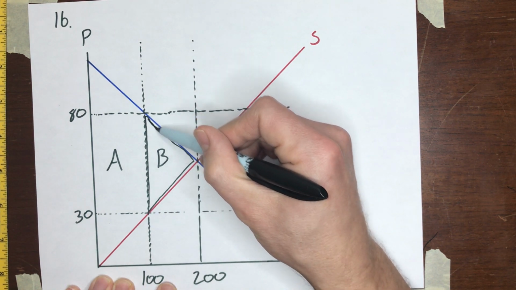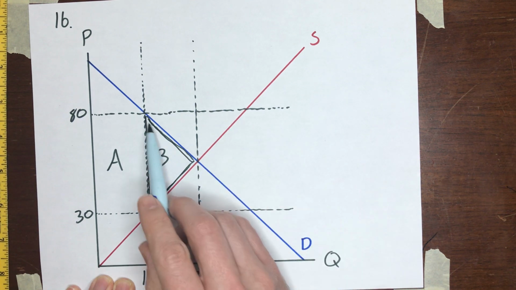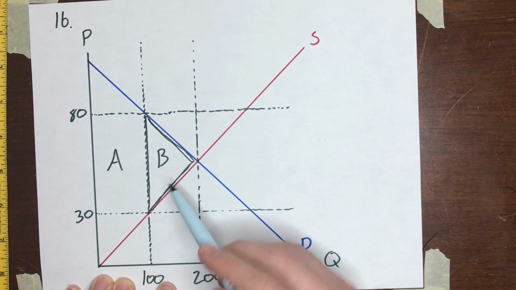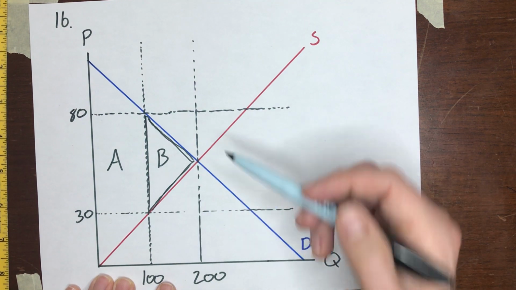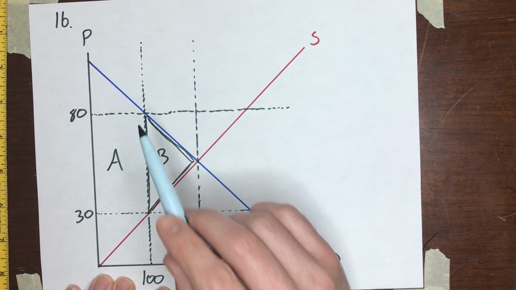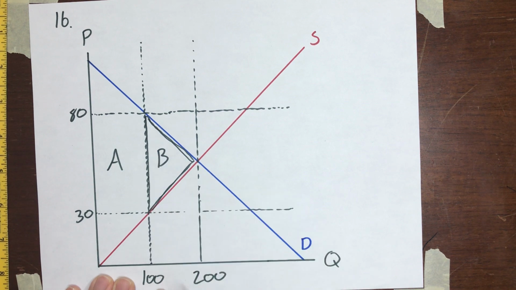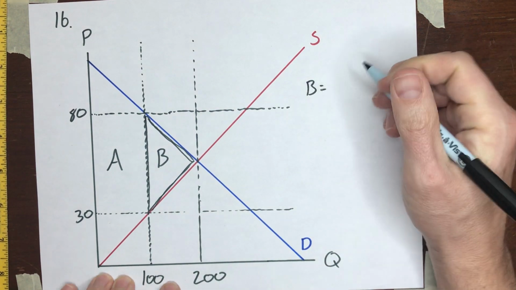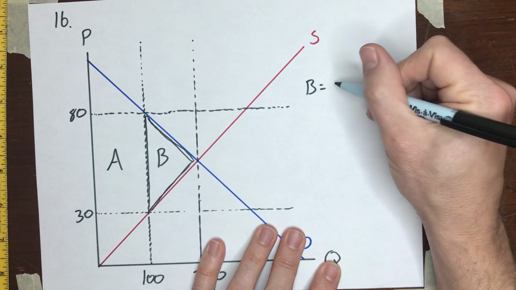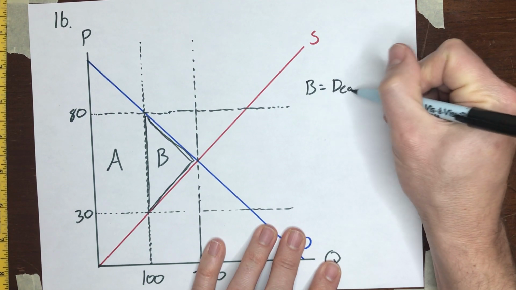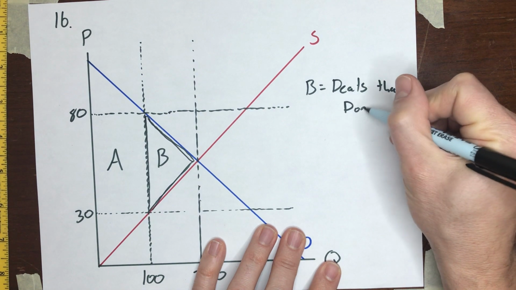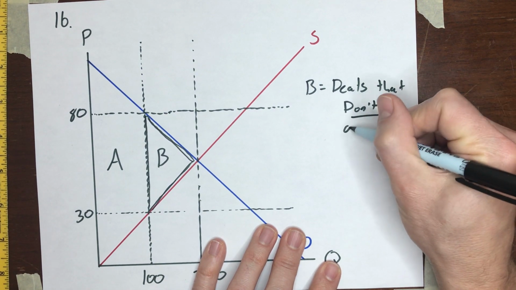It represents those transactions where the buyers would have been willing to pay more than it cost the sellers. So there are gains from trade to be had here, but because of the price control, whichever one it is, those trades don't happen. And so B is the loss from deals that don't get made.